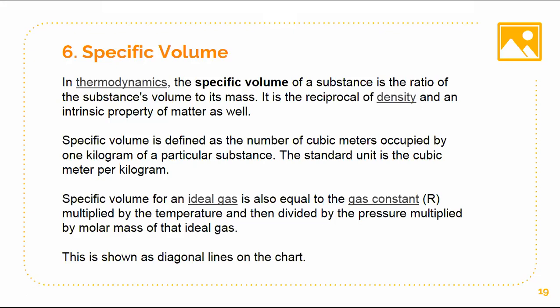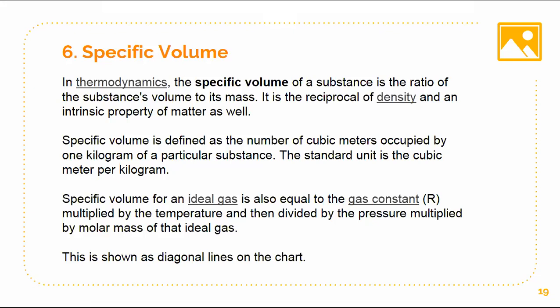Now, specific volume is defined as the number of cubic meters occupied by 1 kilogram of a particular substance. The standard unit is cubic meter per kilogram. You know that. So specific volume for an ideal gas is equal to the gas constant multiplied by the temperature and then divided by the pressure multiplied by the molar mass.